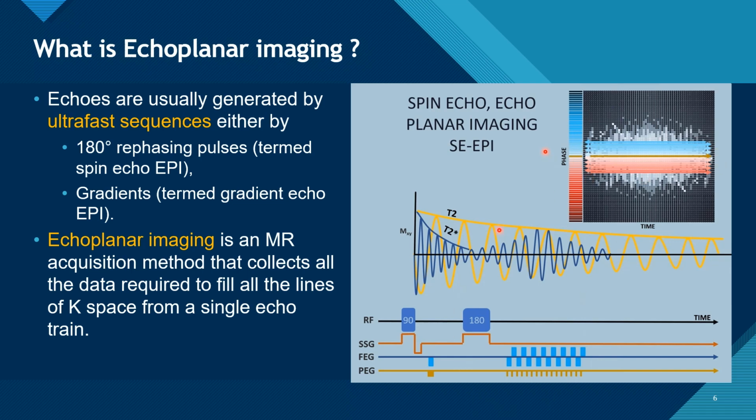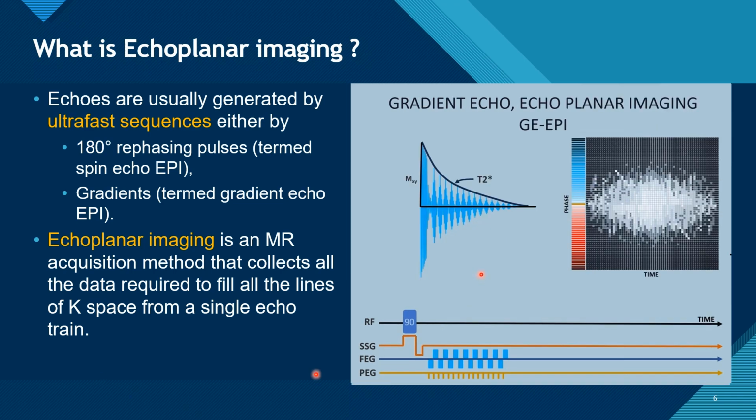So what this does is it rapidly accelerates imaging acquisition with rapid filling of the k-space. So the ultra-fast sequence is applied by giving multiple rapid gradients which keep the signal going, and echoplanar imaging also leads to a rapid filling of the information needed to form our complete acquisition from a single echo train, as we have just mentioned.